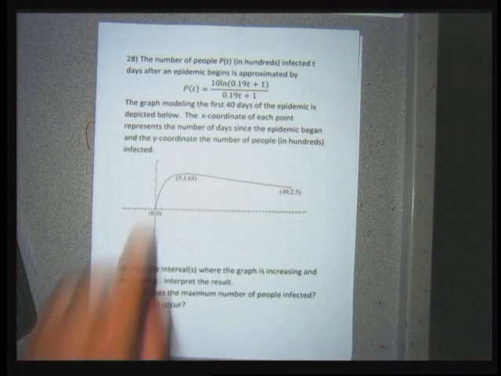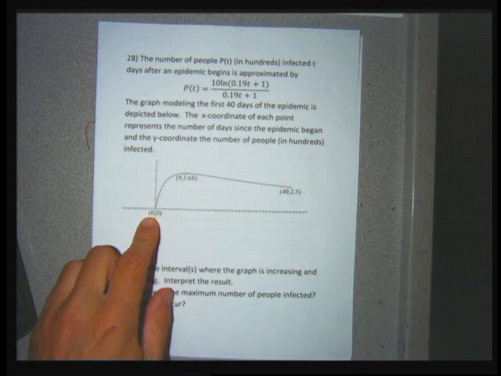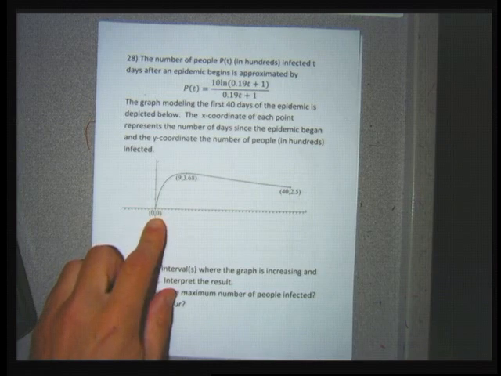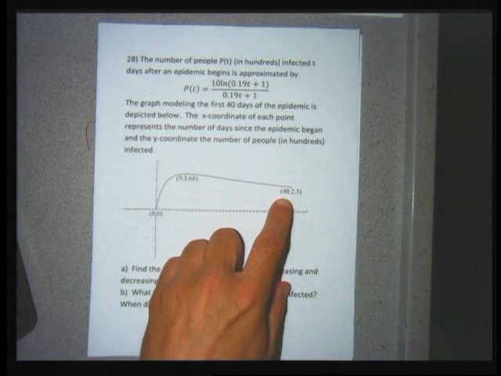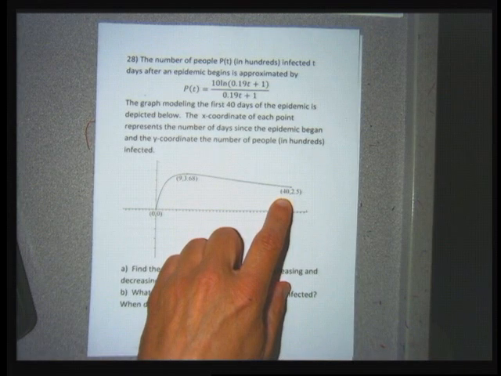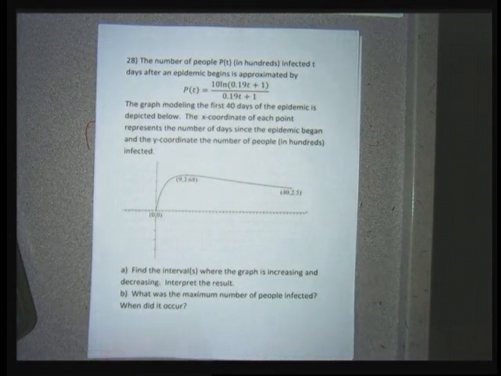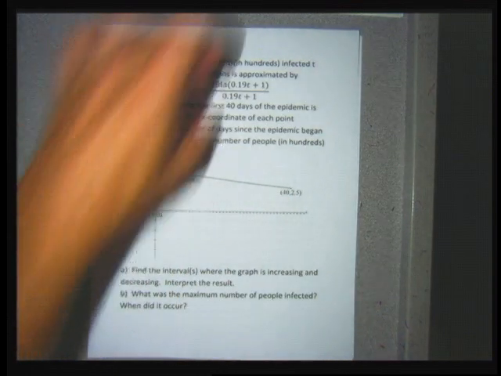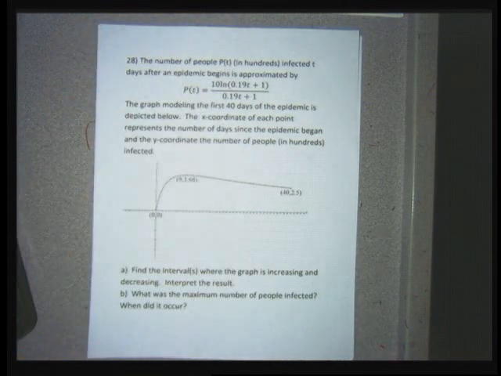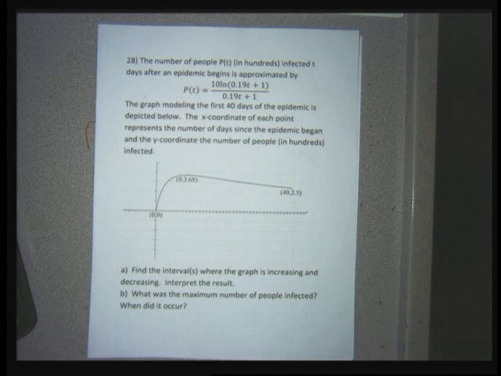So from day zero, like the first day or the second the epidemic started when nobody has it, to 40 days into the future where so many people have it, this shows. And this is the graph of that function. Every point tells me during a specific day how many people were infected, and it says in hundreds, so I need to multiply the numbers by 100.